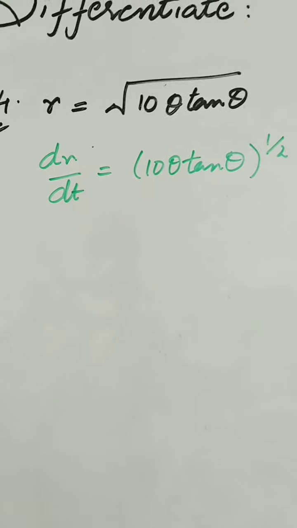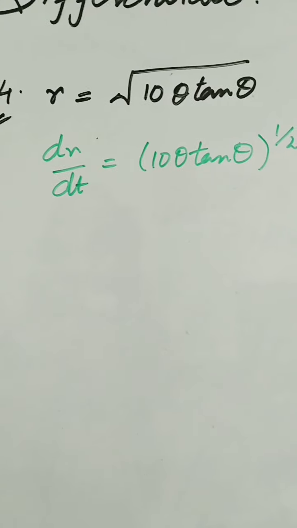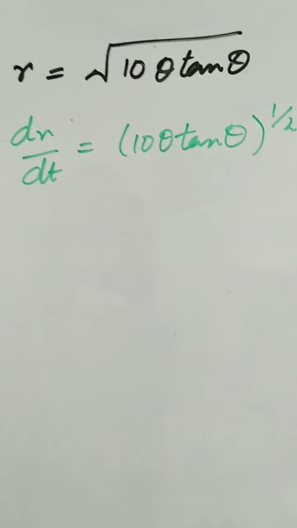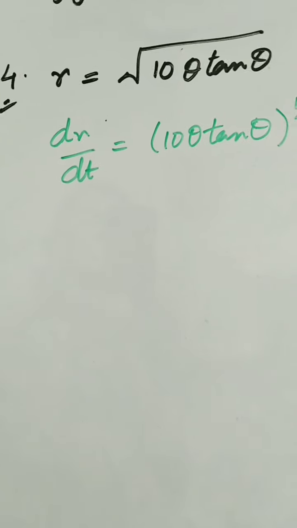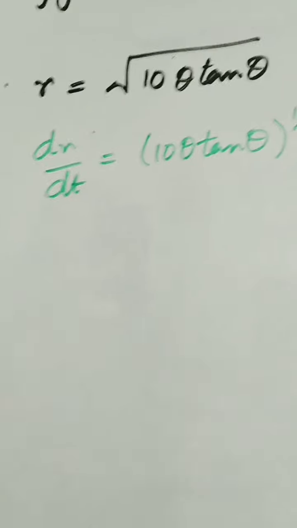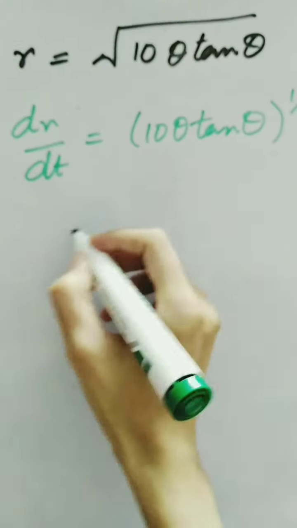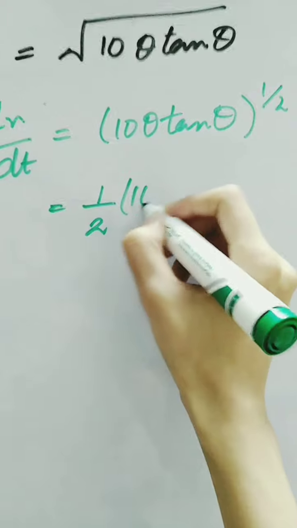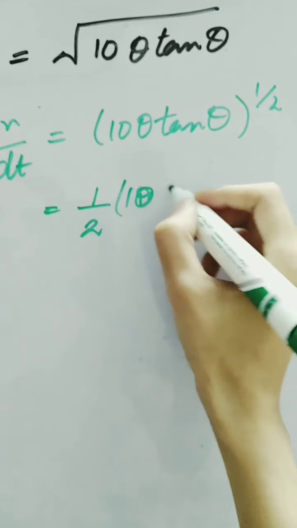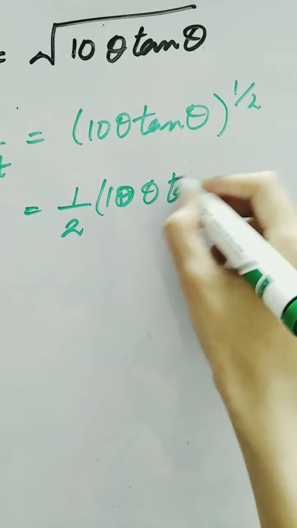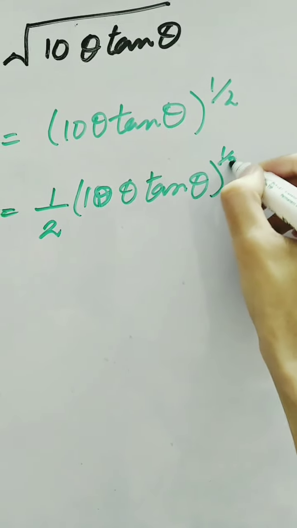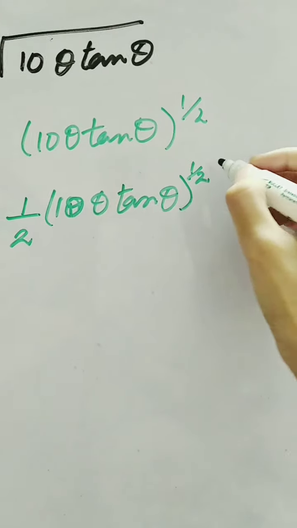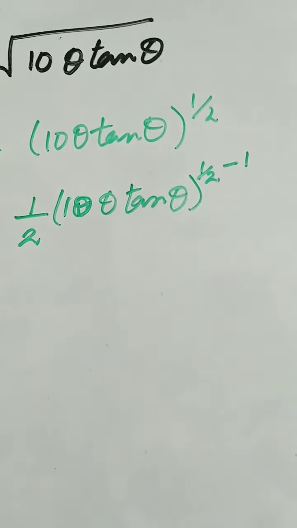Here we have a function involving tan theta, and the question is r equals root of theta tan theta. So first of all, we will differentiate with respect to r and theta. So we will have 1 over 2 (theta tan theta) to the power 1 over 2 minus 1.